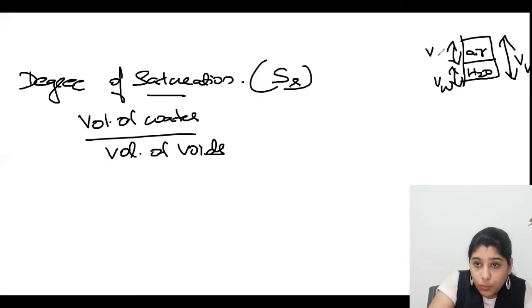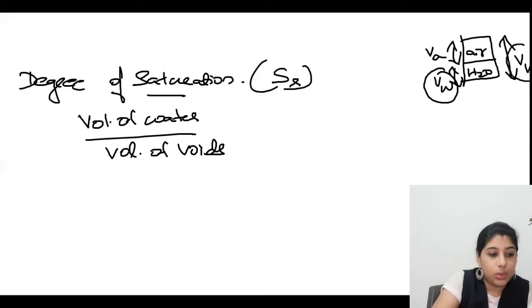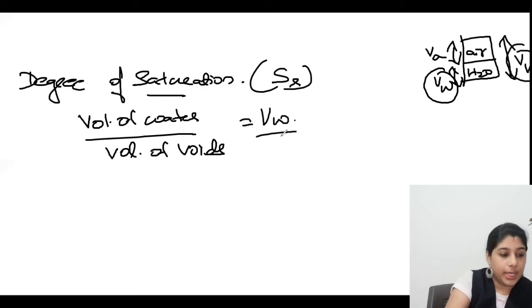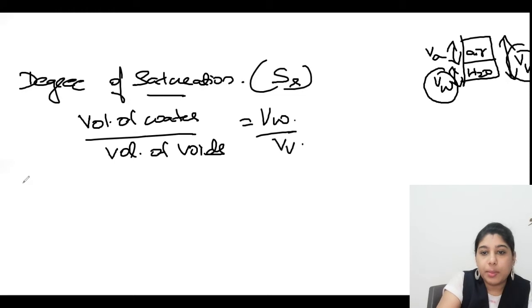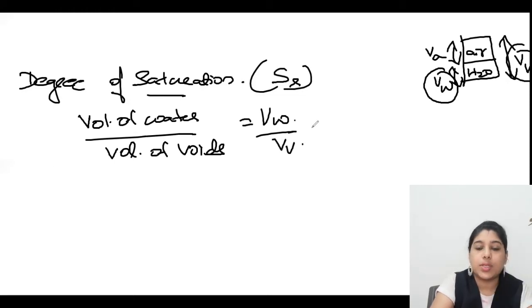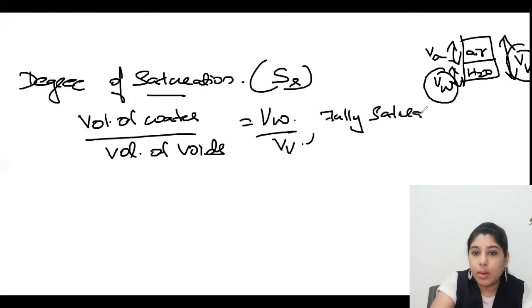So the ratio of volume of water to the total volume of void, VW by V, is called the degree of saturation. So tell me what was the S or degree of saturation for fully saturated soil. Fully saturated means it is fully composed of water only.